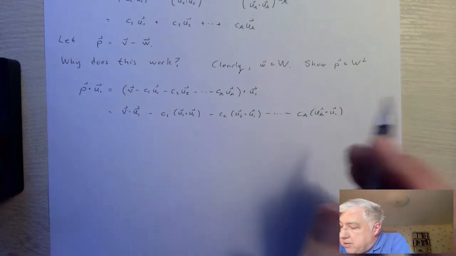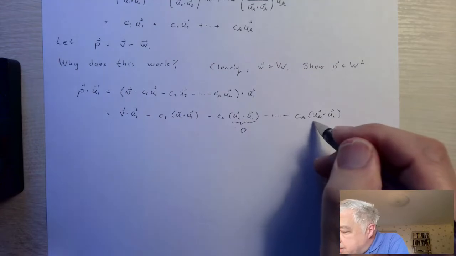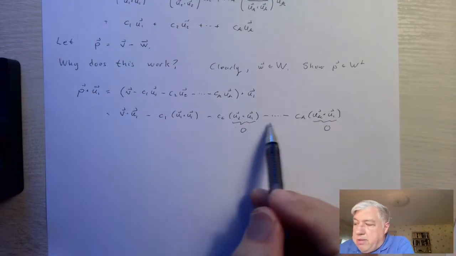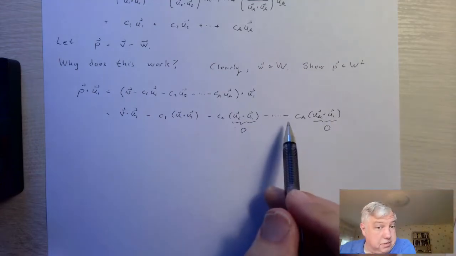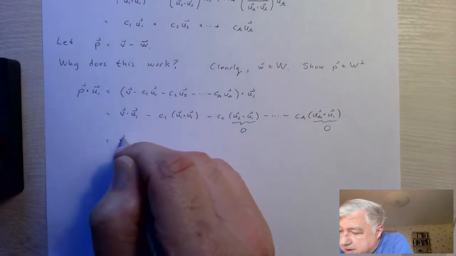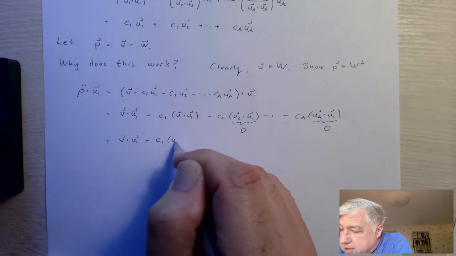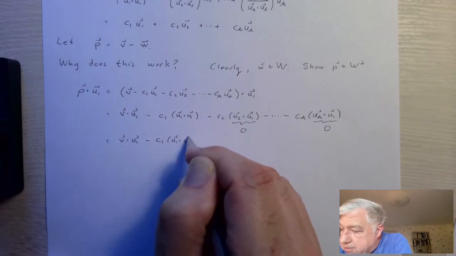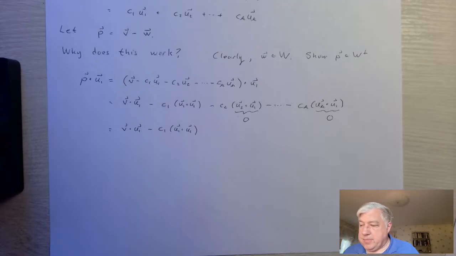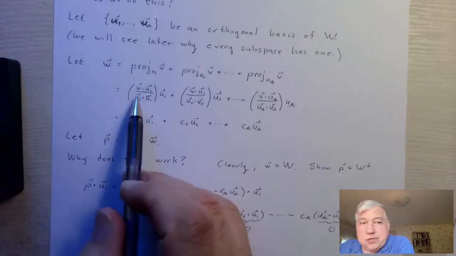Because this is orthogonal, we can see that this is going to be 0, this is going to be 0, and then all the other terms in here are going to be 0. So we'll get V dot U1 minus C1 U1 dot U1. Okay. But what is C1? We said that C1 is really just this.